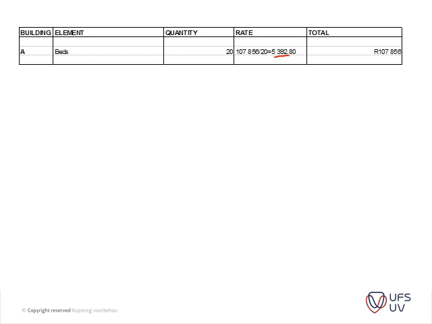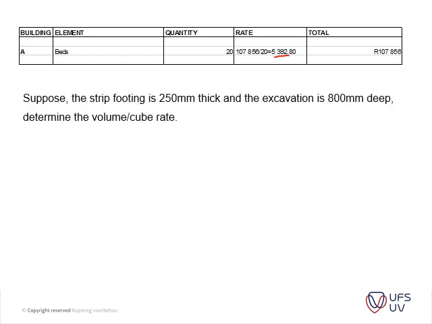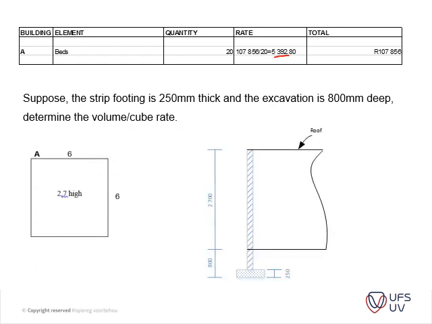Very straightforward stuff. Now suppose the strip footing is 250 millimeters thick and the excavation is 800 millimeters deep. Determine the volume and the cube rate. So now we've got our building and we've got our height of 2.7, our excavation depth, and our strip footing, which is 250 millimeters deep.